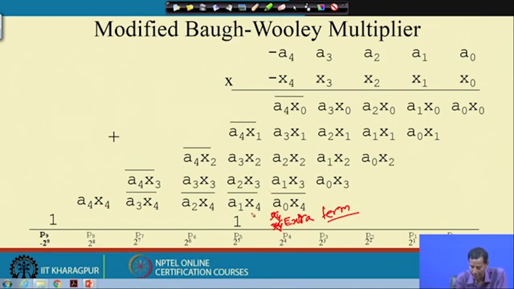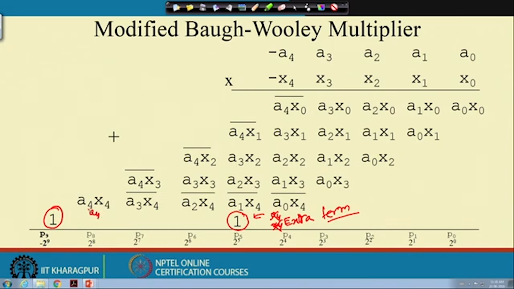Okay. And then at this particular position, now this 1 is coming at this 2 to the power 5 position. Okay. And here initially, I think for this particular position it was a4 bar and x4 bar, but it is also not required. So, 1 is coming over here at the minus 2 to the power 9 position.